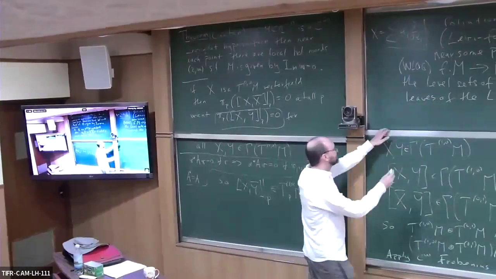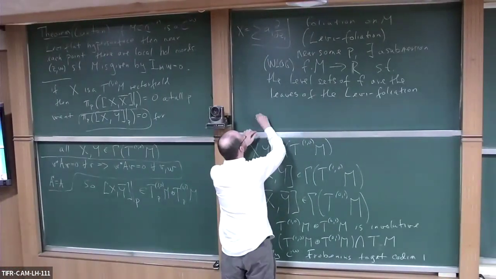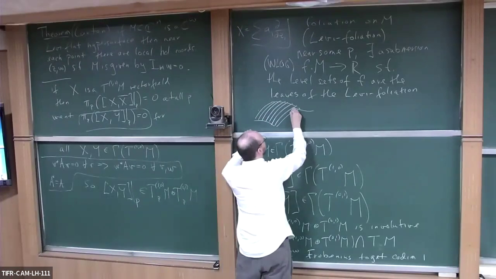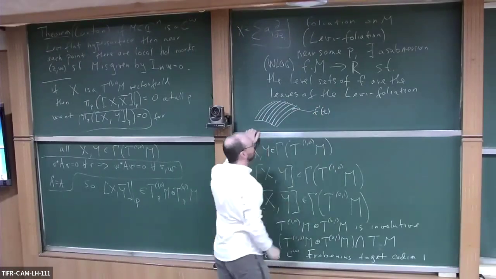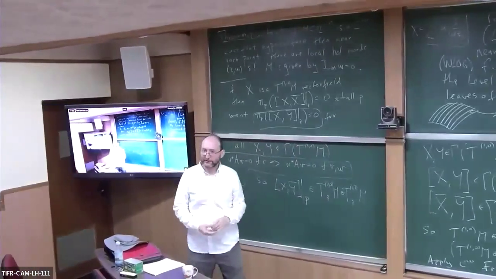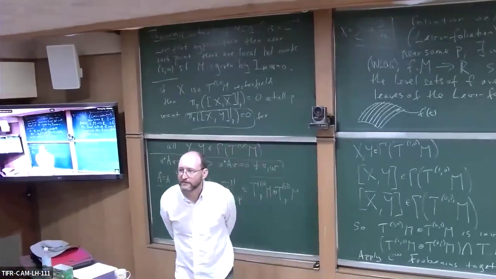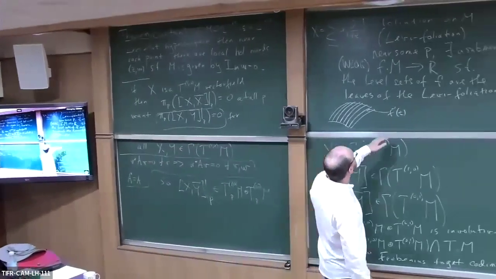So this is M, and we have these leaves, and these are the level sets of the level equation, right? So F should be real-analytic.